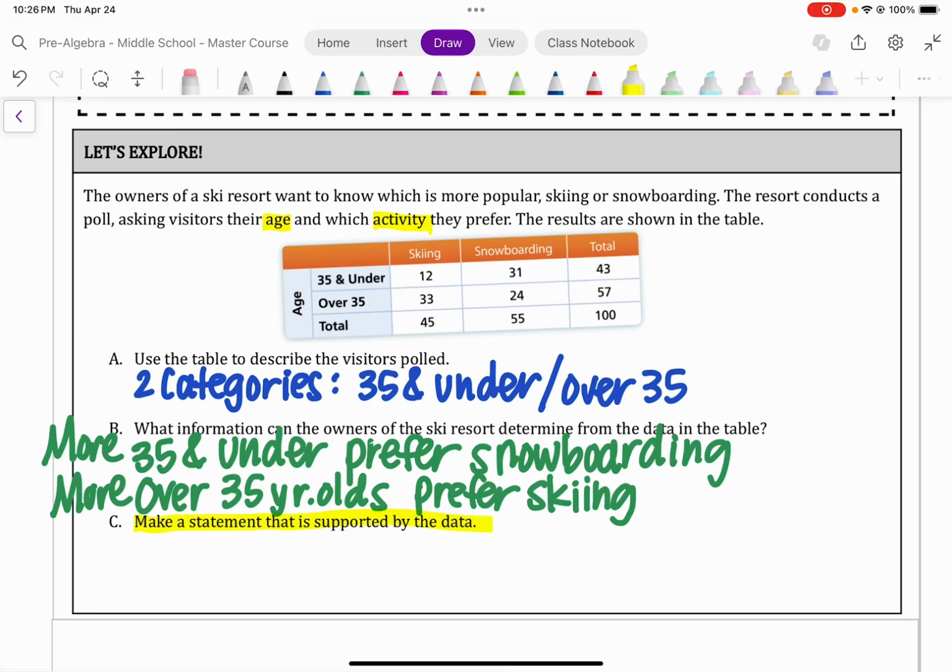But if we look at those columns, 45 people preferred skiing, 55 preferred snowboarding. So we can say overall, more people prefer snowboarding.